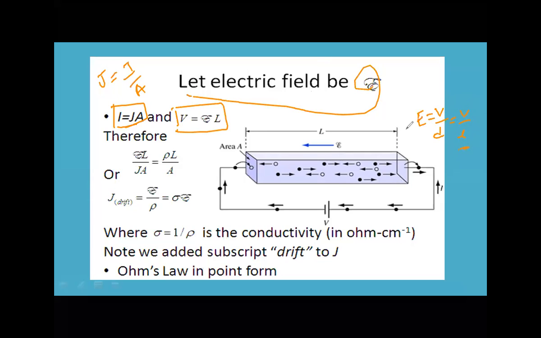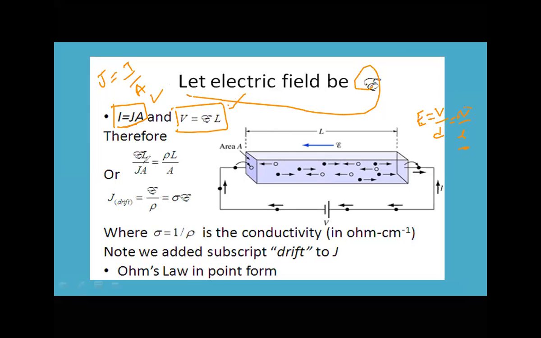So I is equal to JA, and V is equal to E into L. So you got these two relations, right?